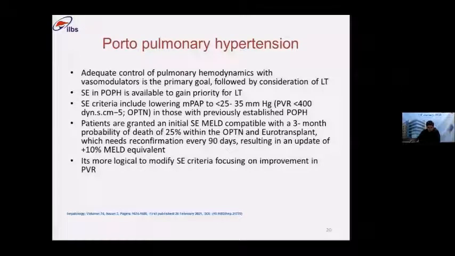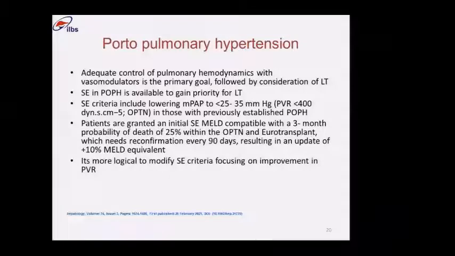So what are the scenarios? Standard exception criteria include the lowering of mean pulmonary artery pressure to 25 to 35 mmHg, along with the decrease in pulmonary vascular resistance to less than 400 dynes second centimeter raised to power -5 in the OPTN network.